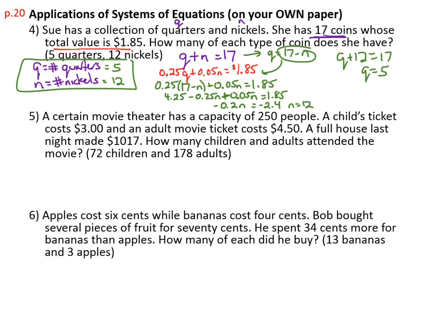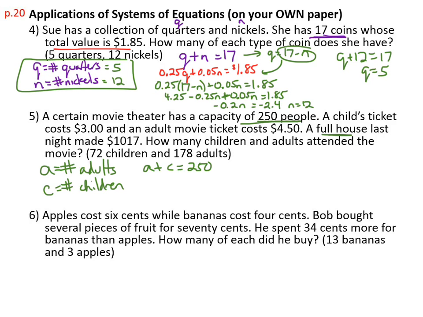All right, so we're looking at 2 different types of tickets. So we have the adults and the children. So if we say that A is the number of adults, and then we'll say that C is the number of children. Now they're telling us that we had a full house, so that means that they sold all 250 of those tickets. So there's our first equation, that A plus C is equal to 250.